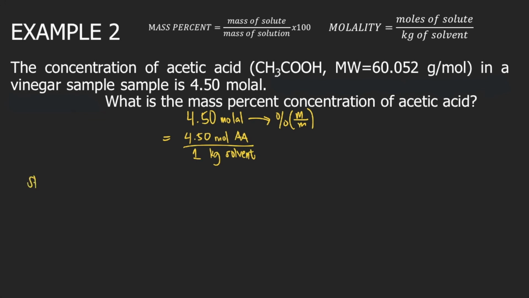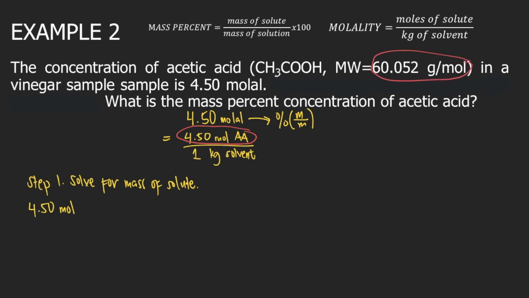Okay, let's proceed to step 1. Step 1 is to solve for the mass of solute. So we are given 4.50 moles of solute, and we are given the molar mass of the solute, which is 60.052 grams per mole.